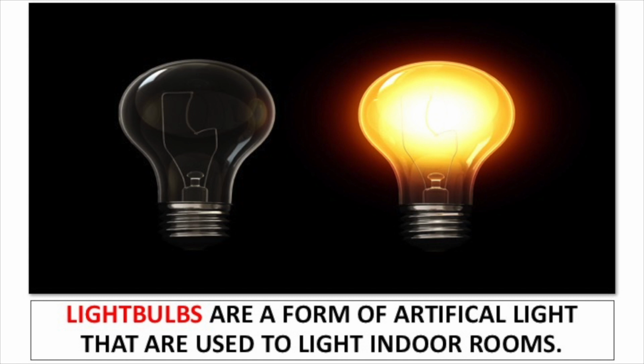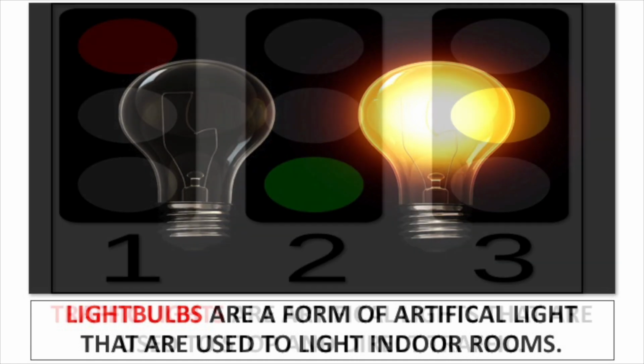Light bulbs are a form of artificial light that are used to light indoor rooms. Yes. So get used to the concept of natural light is outside. Artificial light usually happens inside.